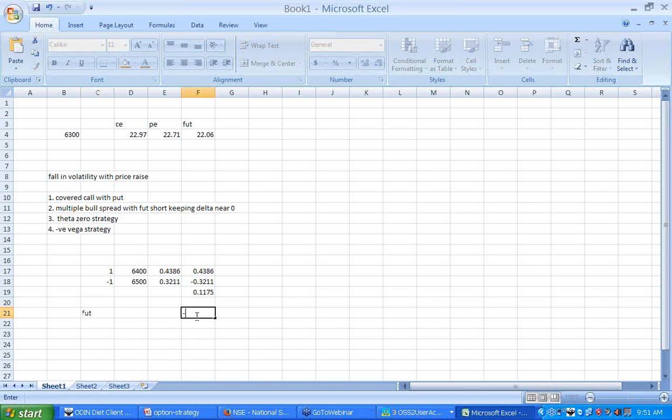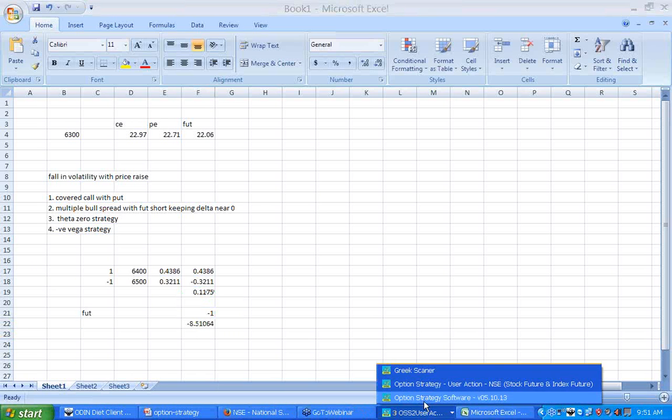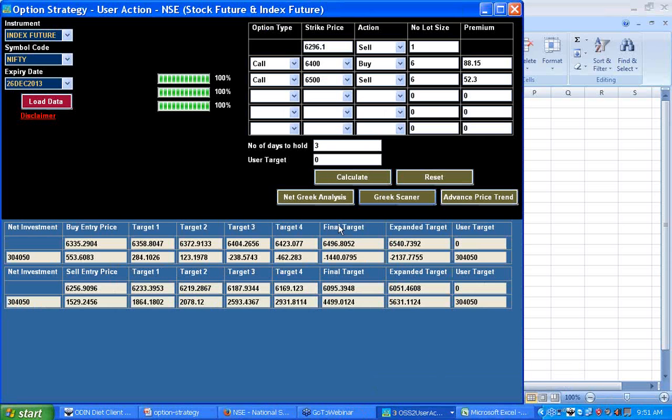So I am selling a future, so it is 1. So I can say how many lots I can take so that it becomes delta neutral. So 8.5 lots.